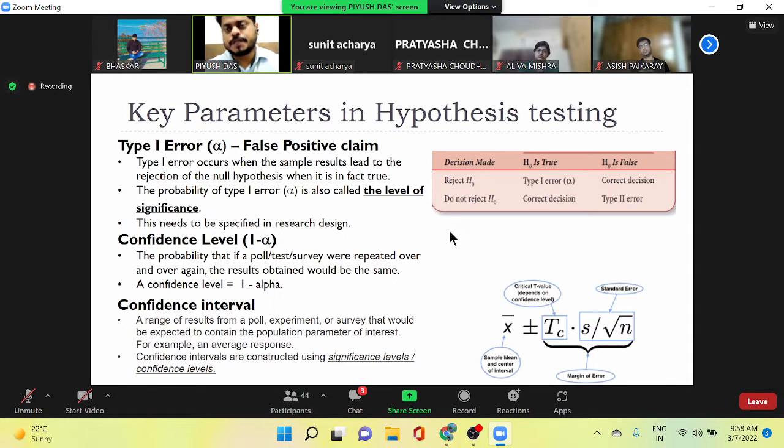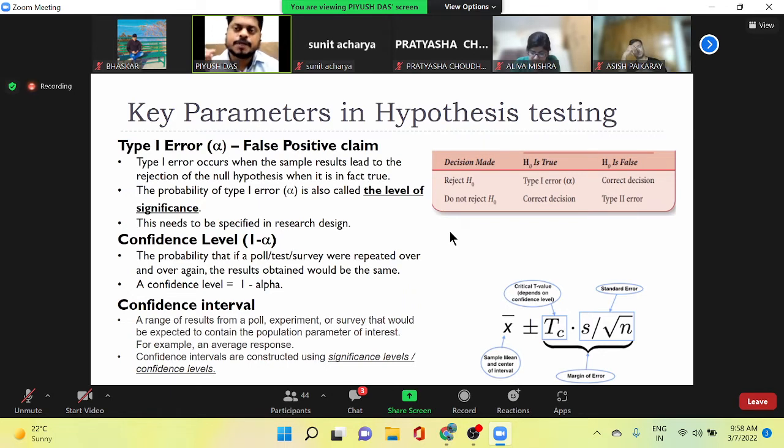A type 1 error is basically a false positive, right? Something is actually not true, but we are telling that it is true. That person does not have COVID, but we say that that person has COVID. So that is a false positive. That person might actually have some different flu or different symptoms, but when he goes for the testing, sometimes this has happened for some patients.